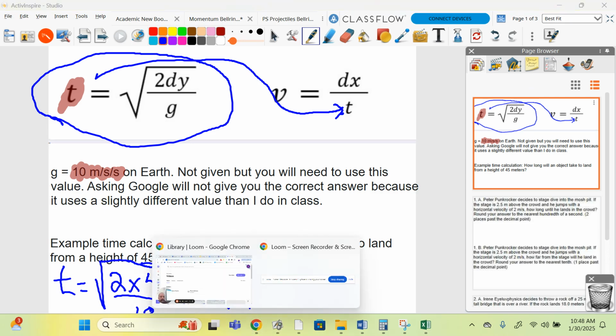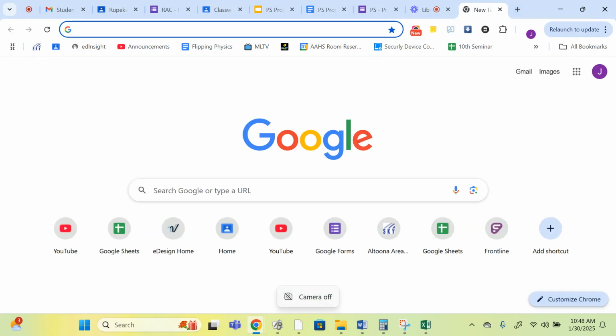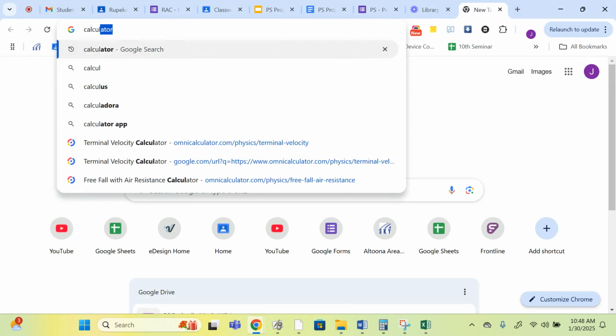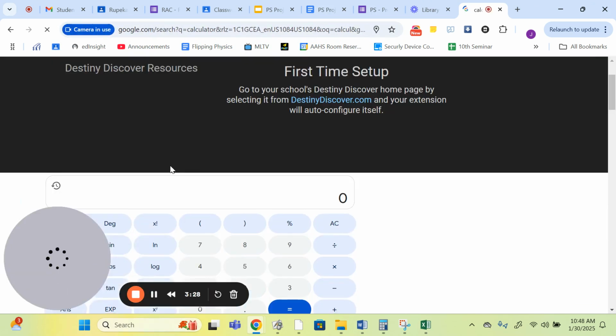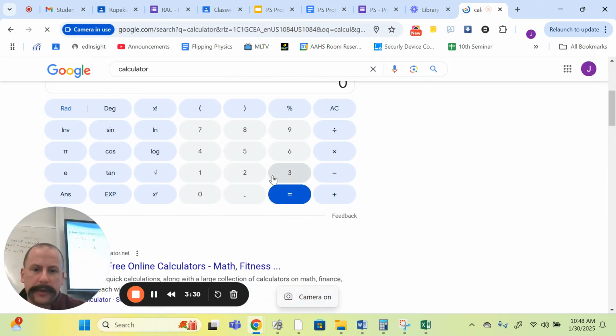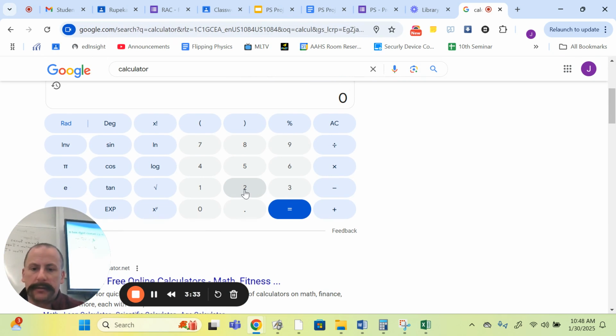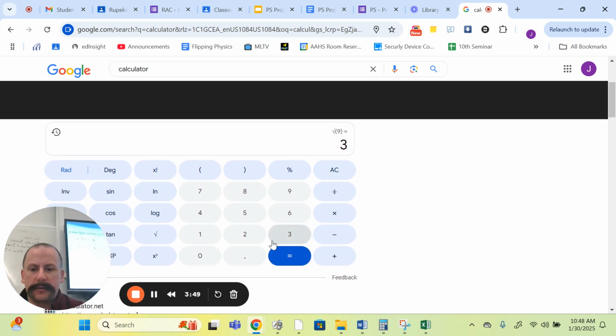If I'm using Google, I can pull that calculator up. Again, I pretty much have to do the same thing. I do everything first: 2 times 45 divided by 10. Then I come over here and press the square root. I take the square root of 9, and that gives me an answer of 3.